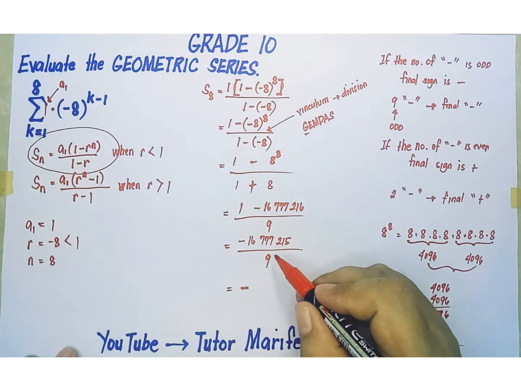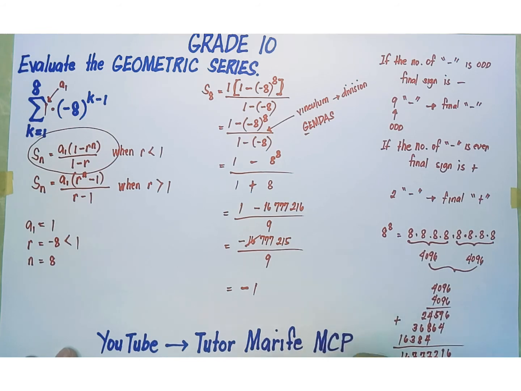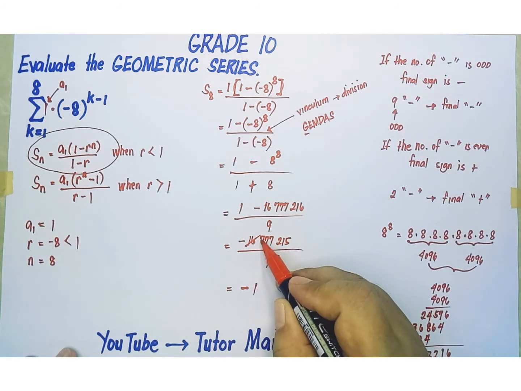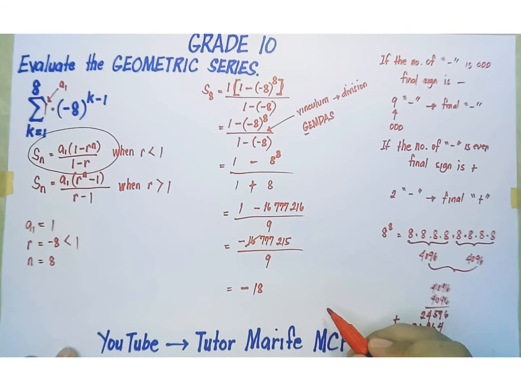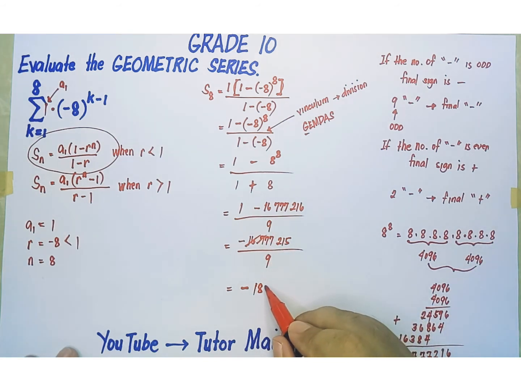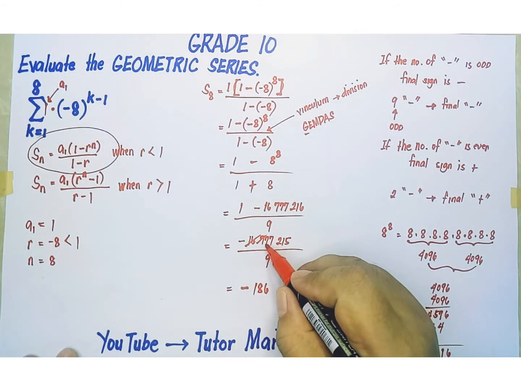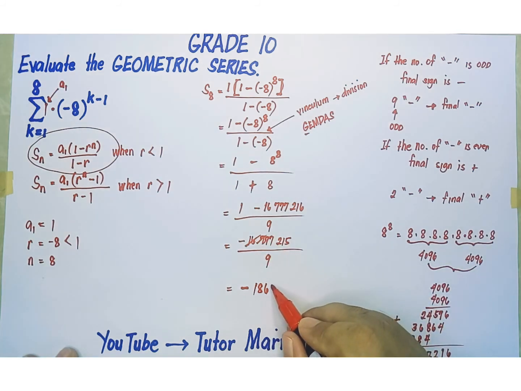Let's divide by 9. 16 divided by 9 is 1, remainder 7. Yung remainder mo na 7, imagine na nakatabi dito sa next digit na 7. So you have 77 divided by 9 is 8, remainder 5. Yung remainder 5, itabi mo sa next digit ulit na 7. So you have 57 divided by 9, 6, remainder 3. Remainder 3, tabi mo sa isang 7 ulit, 37 divided by 9 is 4, remainder 1.